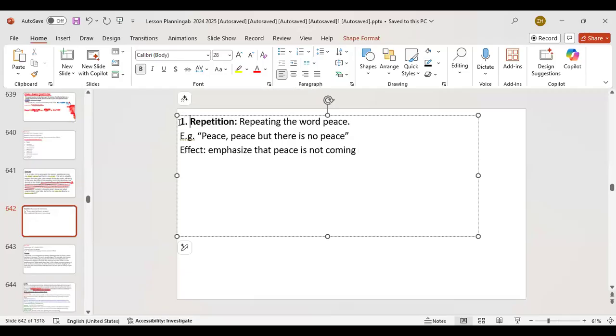We also saw another form of repetition. Repetition is when you use repeating what? Repeating the phrase "give me."